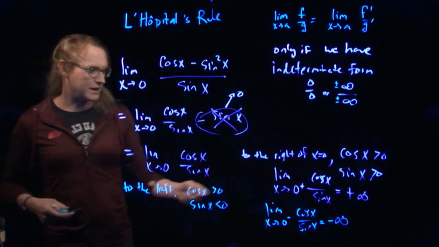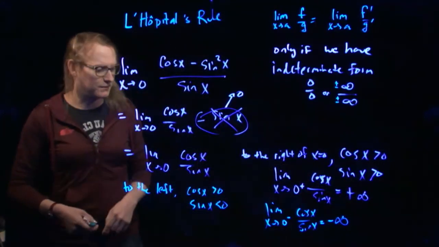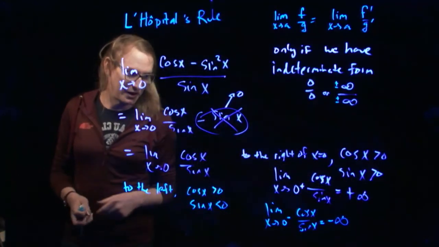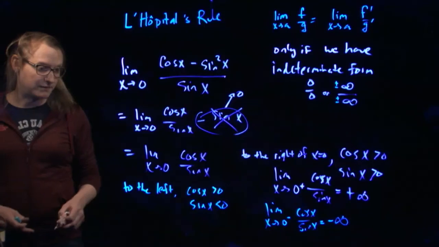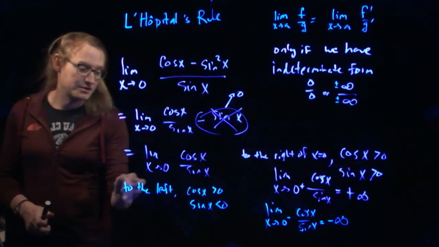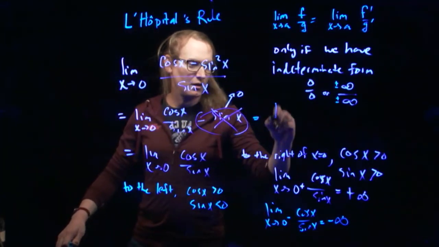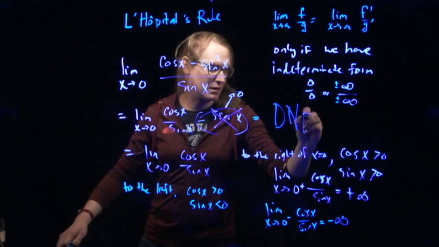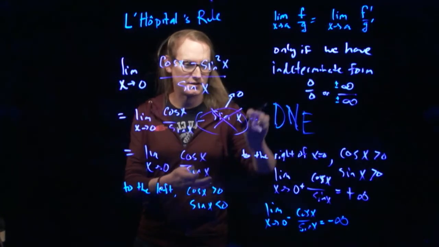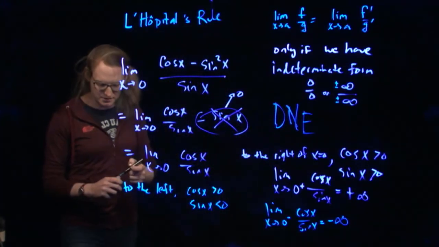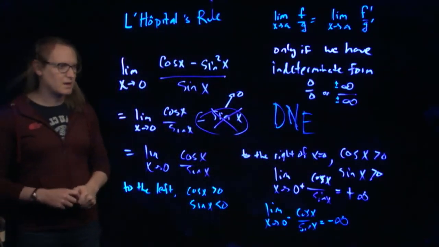So on one side, to the right, it goes to positive infinity, and on the other side, to the left, it goes to negative infinity. So we then conclude that this limit here does not exist.